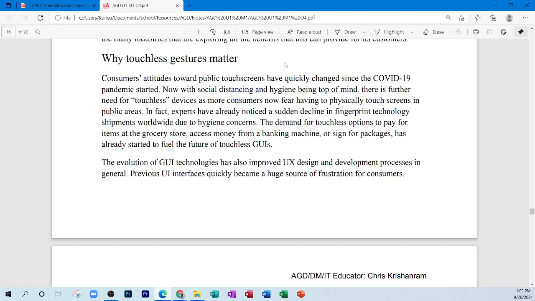Is it only for COVID, or is it only because we have COVID? No, it's for less contact in general because COVID is not the only disease. The common cold and other diseases can be transferred by touch.